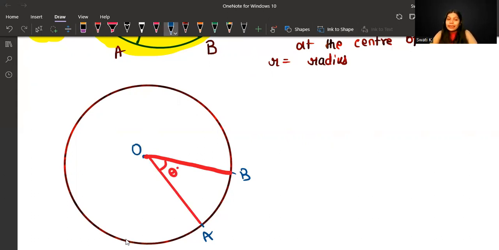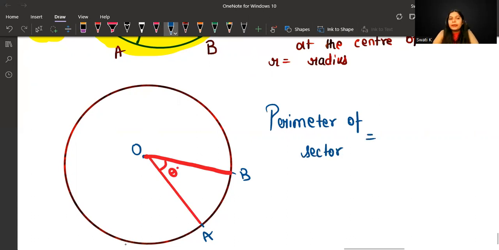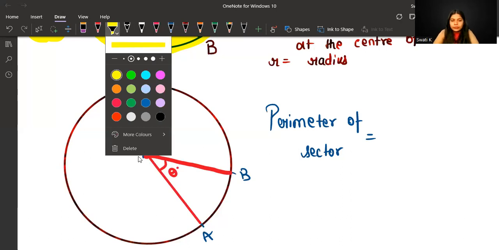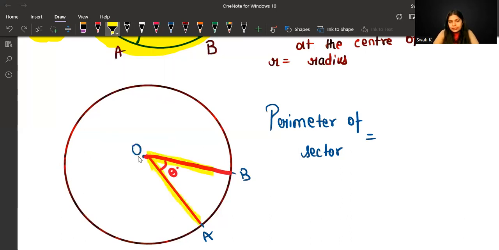Now, before finding the area of the sector, I'll find out the perimeter of the sector. So we have done length of the arc. Now we are finding the perimeter of the sector. The perimeter is simply going to be the length of this plus this and plus this. That will give us the perimeter of the sector. Now, what is this and this?